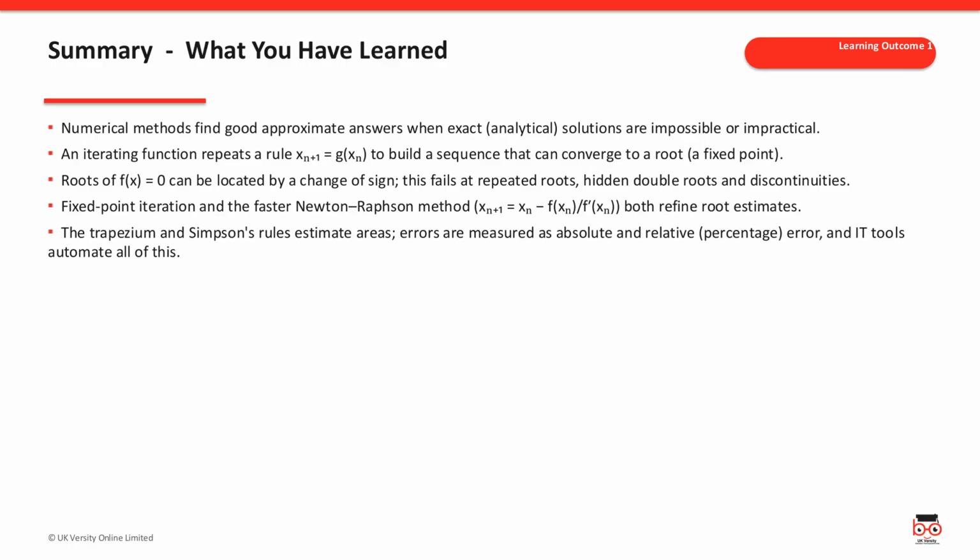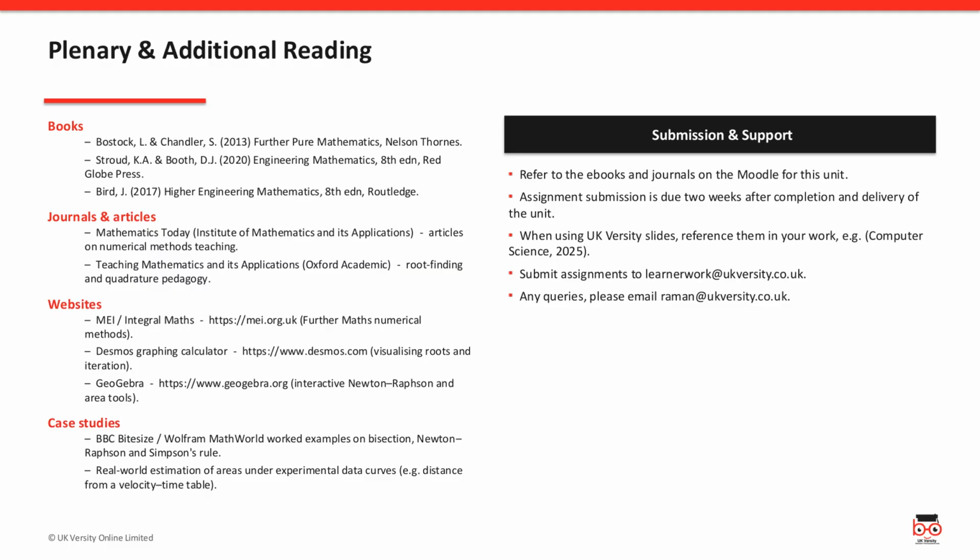And we met 2 ways to refine roots: fixed point iteration and the faster Newton-Raphson, plus the trapezium and Simpson's rules for areas, with absolute and relative error to check our accuracy, all of it made easy by IT tools. So that completes our first look at why numerical methods matter and how the main techniques work, from iteration and change of sign through to Newton-Raphson, the trapezium rule and Simpson's rule.